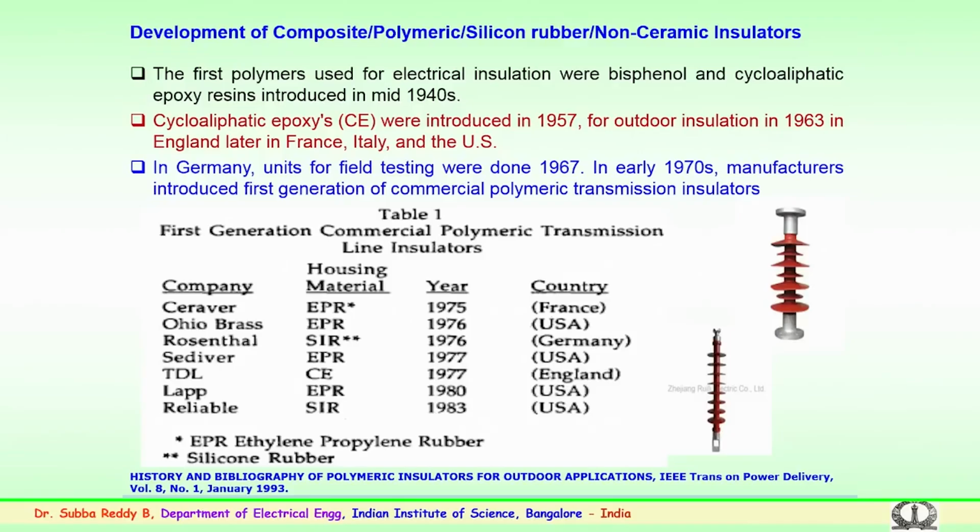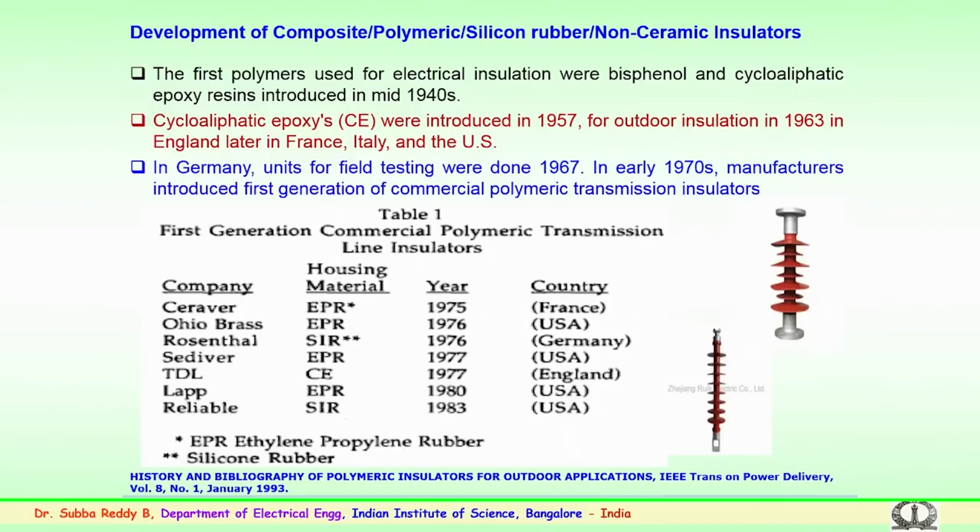Initially tried out, several companies were available, and most of the companies do exist, like Sediver, which used EPR, ethylene propylene rubber, as housing material somewhere in 1975, this is in France. Then Hoechst, Rosenthal, Sediver, TDL, Lapp, Reliable.